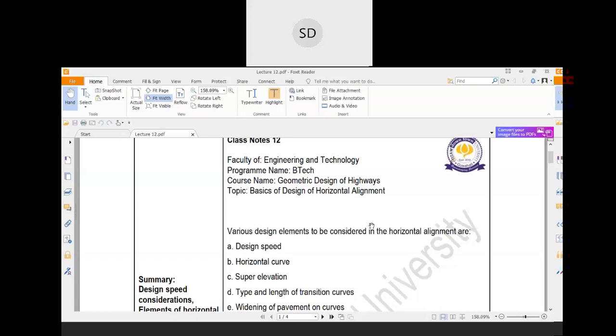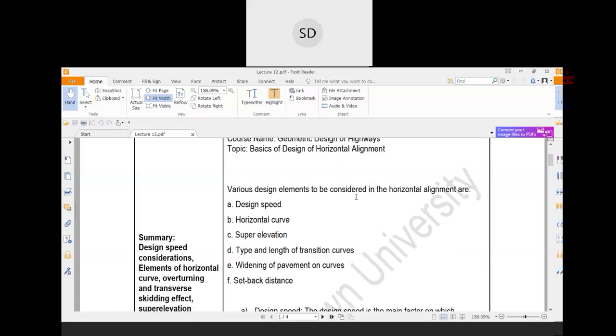So let us first discuss some basic portions of horizontal alignment. What are the different elements you need to consider whenever designing horizontal alignments?